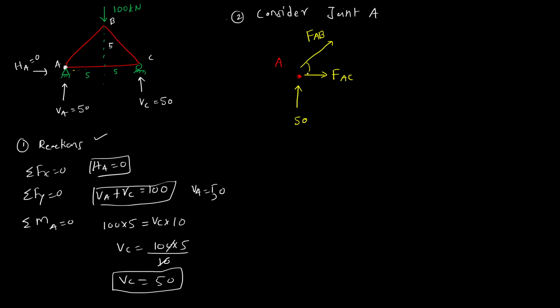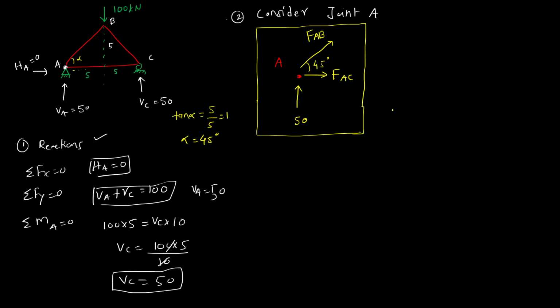We need this angle. So this angle we can find out by using the tan theta. So here tan alpha is equal to opposite by hypotenuse, that is 1. That means alpha is equal to 45 degrees. So this is 45 degree. Now in this free body diagram, you have to apply sigma Fx is equal to 0 and sigma Fy is equal to 0.